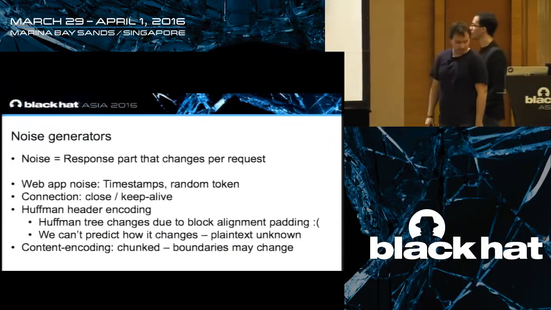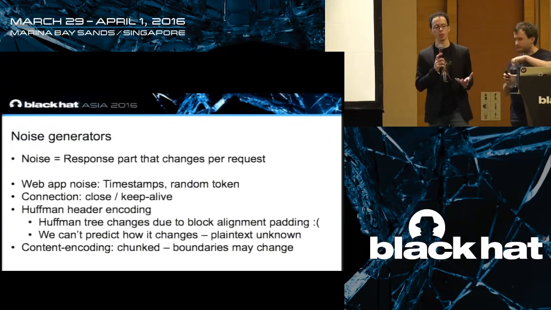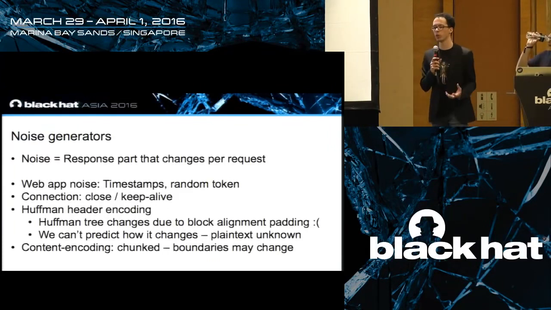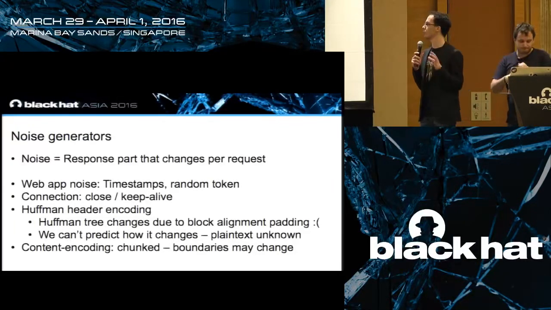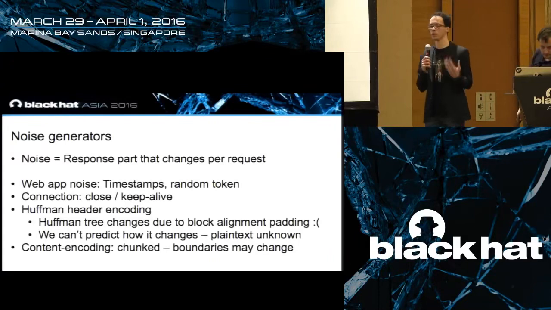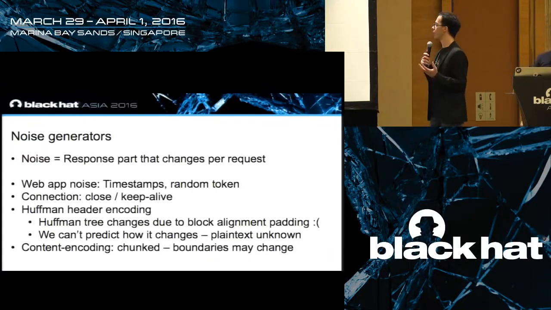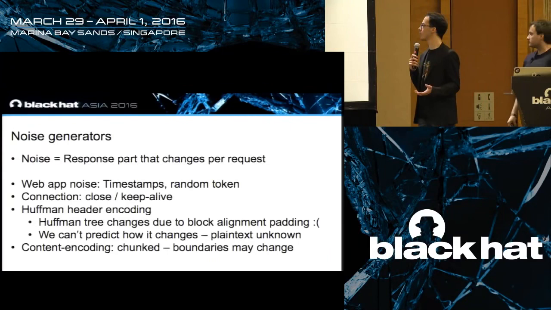Okay. So, in this case, in our experiments, we actually used 0 noise because we had an endpoint that we could control. So the plain text response body actually contained 0 noise. But the problem is that even this is not enough. There are some noises that we can't predict. Such noise can be found in the HTTP header.